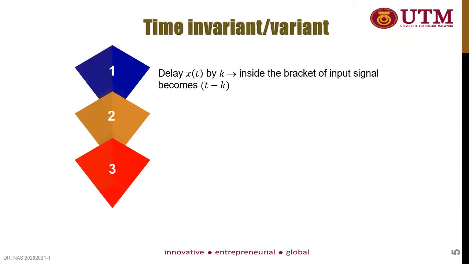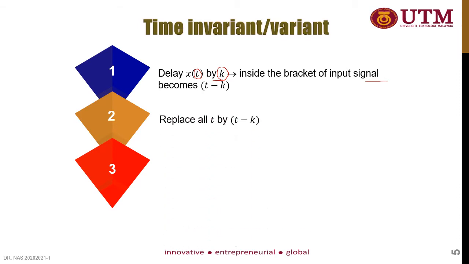Okay, there are generally three steps you need to consider in order to determine whether the system is time invariant or variant. The first step is to delay x(t) by k, meaning that the t or n inside the bracket must be delayed by k. So the equation becomes t minus k.